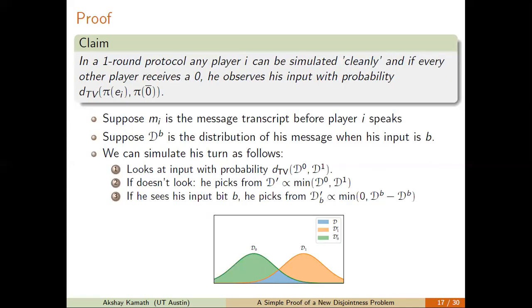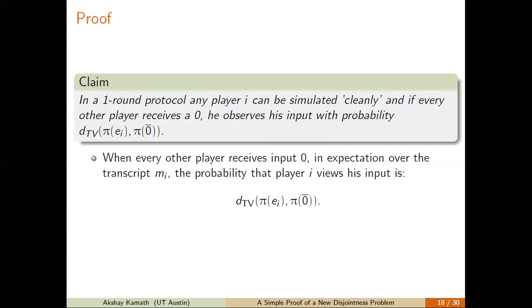So we showed in the previous slide that the probability with which he looks at his input is the total variation distance between D0 and D1. We show in our proof that in expectation over the transcript of the messages sent by the previous players, that is MI, this probability is the total variation distance between pi EI and the protocol on input 0.